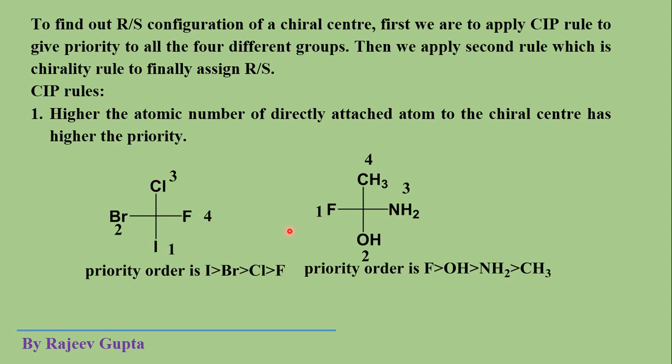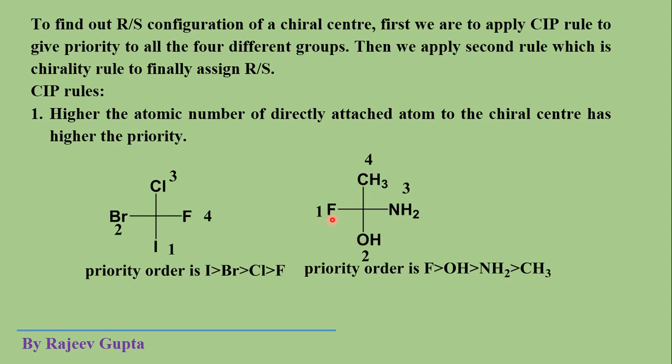Now consider this structure where this carbon is the chiral carbon and this other carbon is not chiral. Only a single carbon is chiral. The directly attached atoms in this structure are fluorine, carbon, nitrogen and oxygen. The hydrogens are not directly attached to this carbon. So we will check the atomic numbers of fluorine, carbon, nitrogen and oxygen.